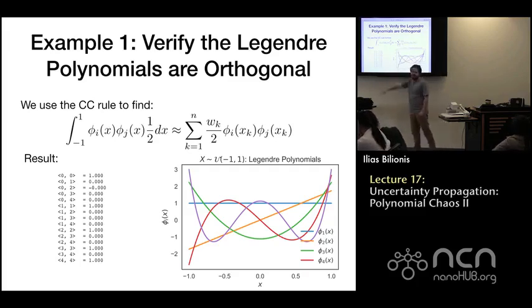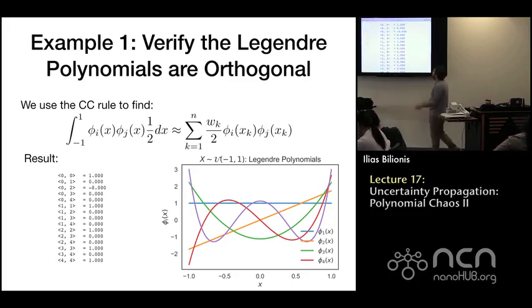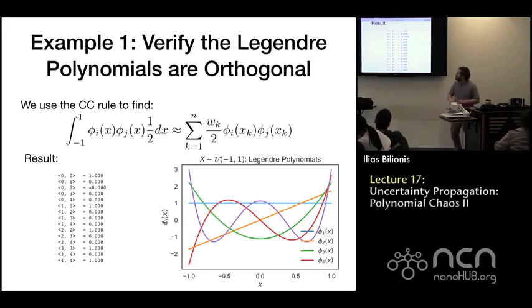In the code you see how you get the CC rule, the nodes, and how you can put it all together, and you see that to at least the third digit, the accuracy is quite good. So the first polynomial with the first gives me 1, the first with the second gives me 0, and so on and so forth. Okay?